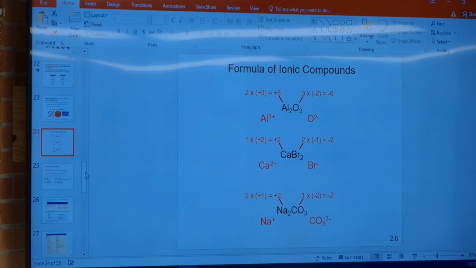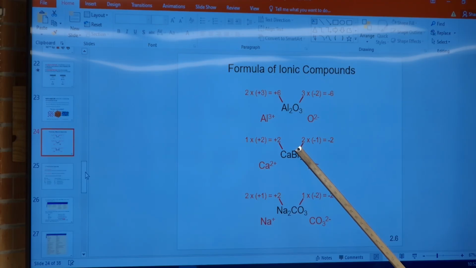Okay, so here is an example for some ionic compounds. Al2O3, aluminum oxide. Does this satisfy total positive charge equals total negative charge? Yes. Oxygen, group 6A, as on the previous slide, tends to gain 2 electrons and become -2 charge, right?